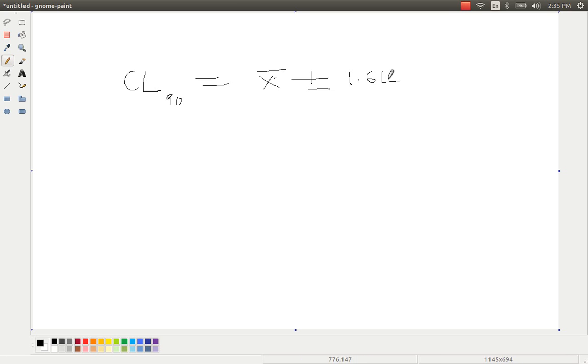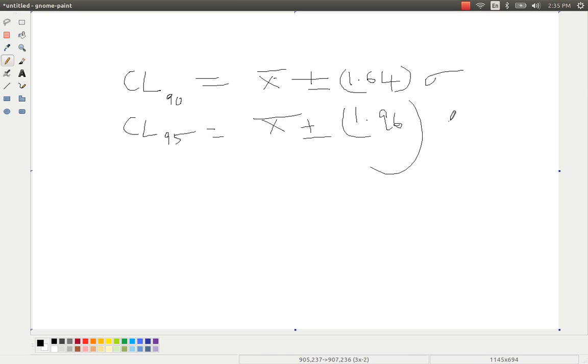This is actually the z value at 90% confidence, and sigma is the standard deviation. The same expression at 95% confidence is x bar plus or minus 1.96 sigma, and at 99% it is x bar plus or minus 2.4 sigma. Here the plus represents the upper limit, and the minus represents the lower limit.